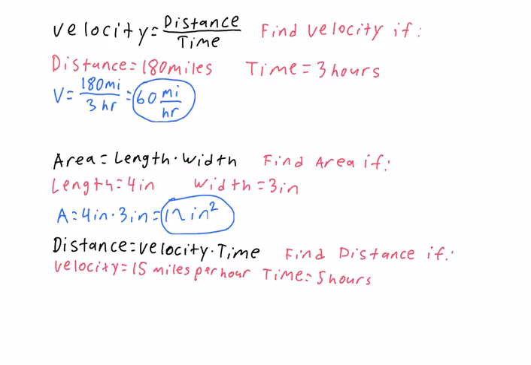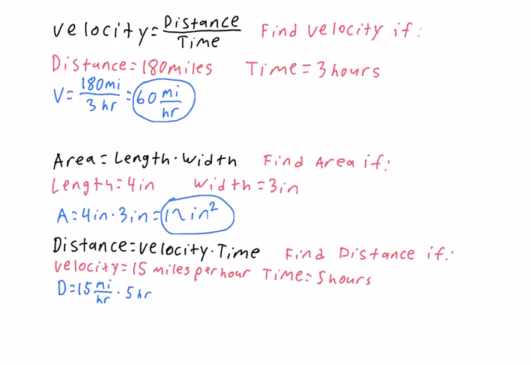So, once again, we have our distance, we'll call d, equals velocity times time. So velocity is 15 miles per hour. We want to write that as a fraction because per means divide. So 15 miles per hour, times time, which is 5 hours.